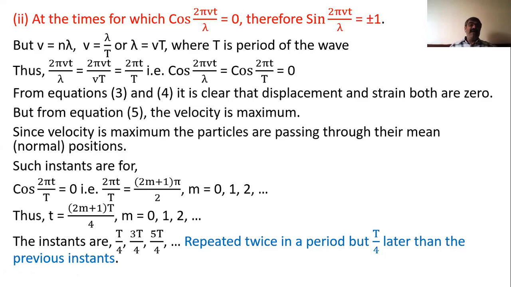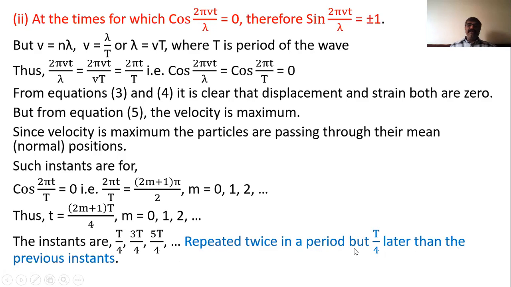That means particles are at the mean or normal positions for these stationary events. These can be obtained by equating the cosine function to 0, and in this way we find odd multiples of pi. So it will be (2m plus 1) T by 4: T by 4, 3T by 4, 5T by 4. These will be the different instants.